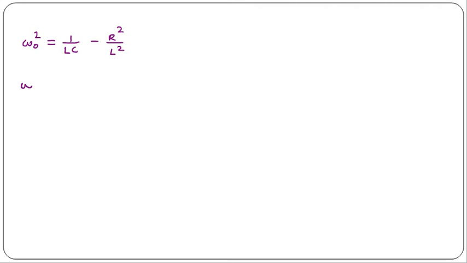So from here we can obtain omega naught, that is the resonating frequency formula, as square root of 1 by LC minus R square by L square.